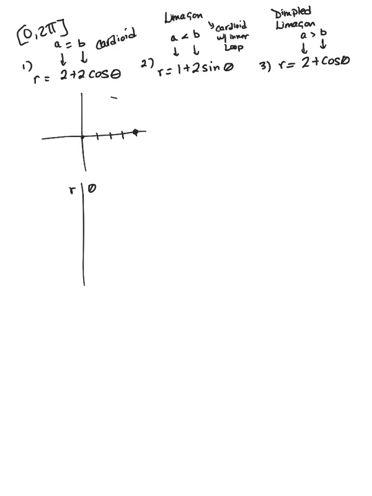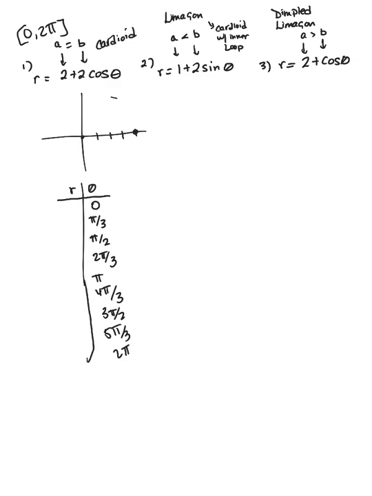Now, since this is cosine, the cosine values that work out well, all right, are 0, pi over 3 instead of pi over 6, because that's going to be a half, pi over 2, 2 pi over 3, pi, all right, 4 pi over 3, 3 pi over 2, 5 pi over 3, and 2 pi.